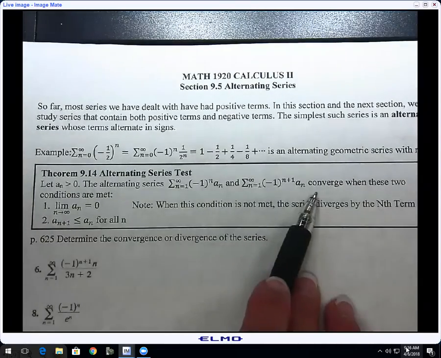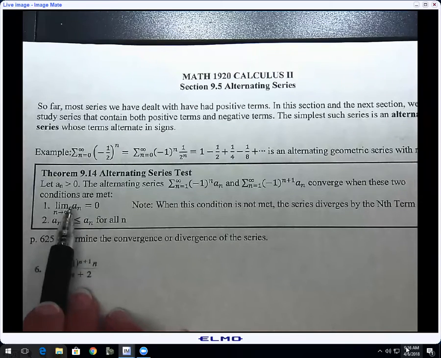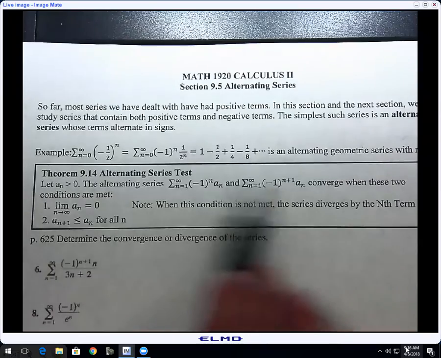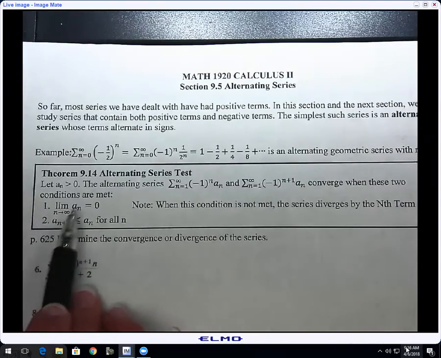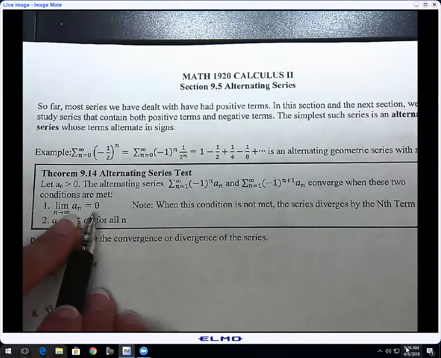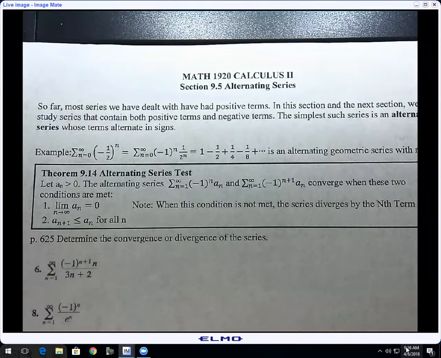These converge when the limit as n goes to infinity of the nth term of a sub n, disregarding the -1, is 0. What does that sound a whole lot like? When else have we said something about the limit of the nth term being 0? The nth term test.